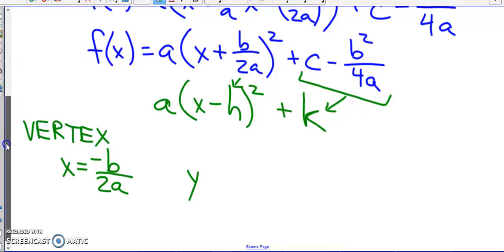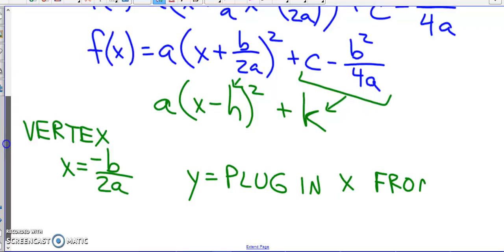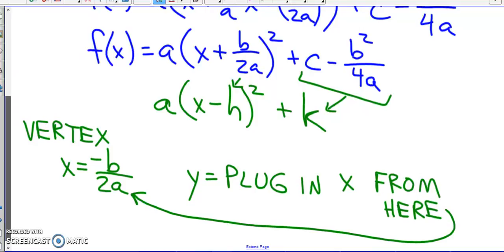So for the y-coordinate, plug in x from here. Once you plug and chug, you'll get the y-coordinate, and that'll give you the vertex.